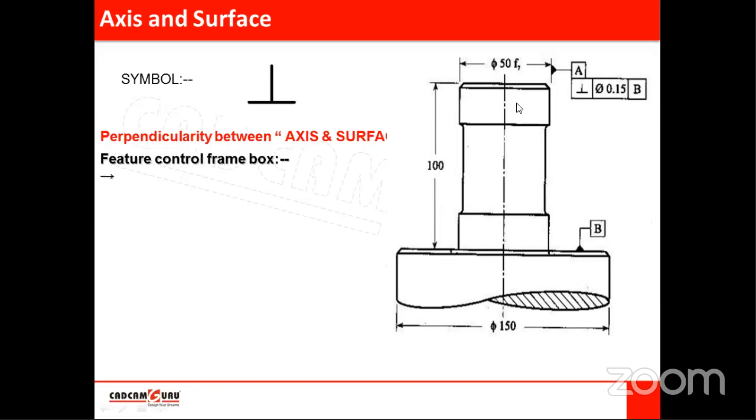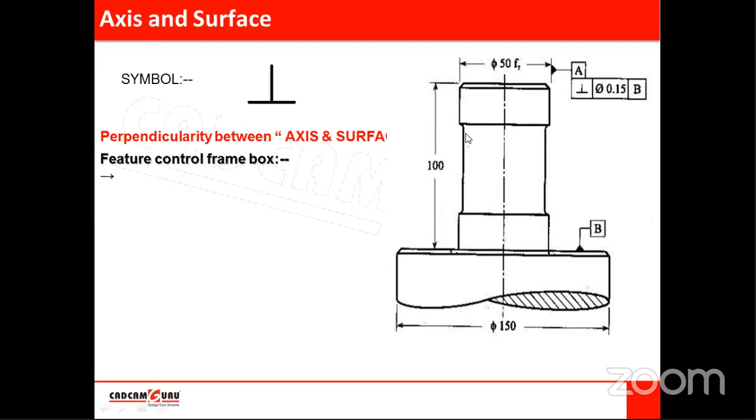Here, see, one change is there. For surface to surface perpendicularity, no circular zone descriptor was there. But when we talk about an axis as the feature under consideration, the direction of deviation of this axis is circular. We are talking about perpendicularity or squareness of this pin with respect to this bottom surface.